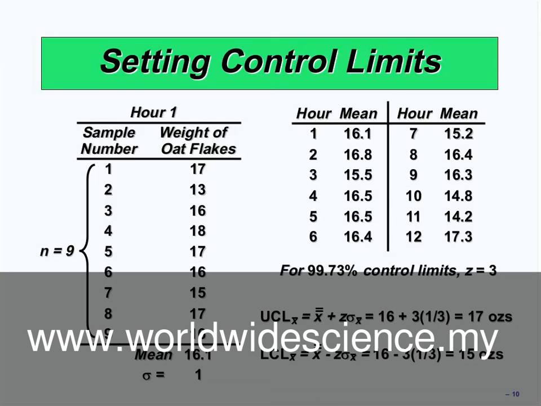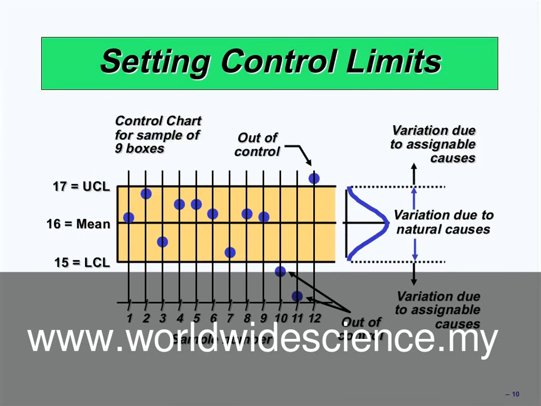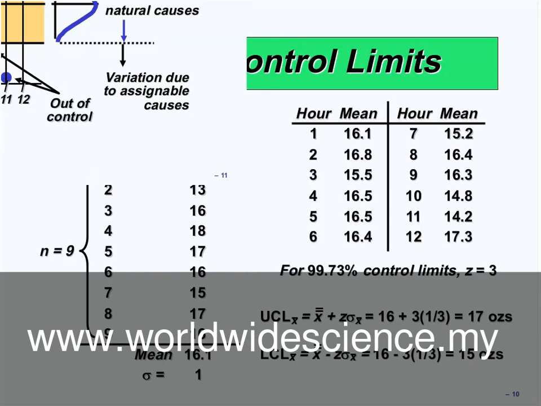Now look at the chart. In sample 1, how much was the mean? The horizontal axis is the sample number. We had 12 sample numbers here, because we sample every half an hour, for example, or every 1 hour.